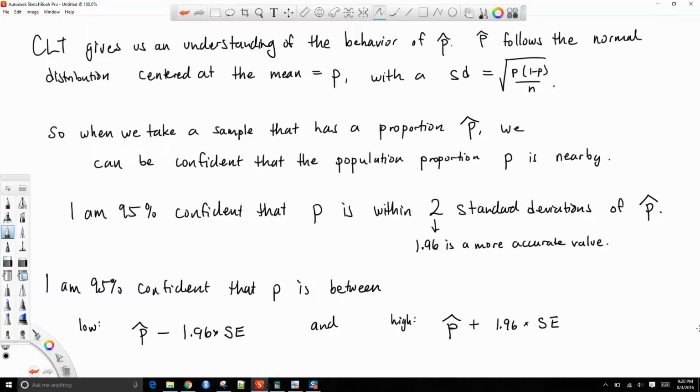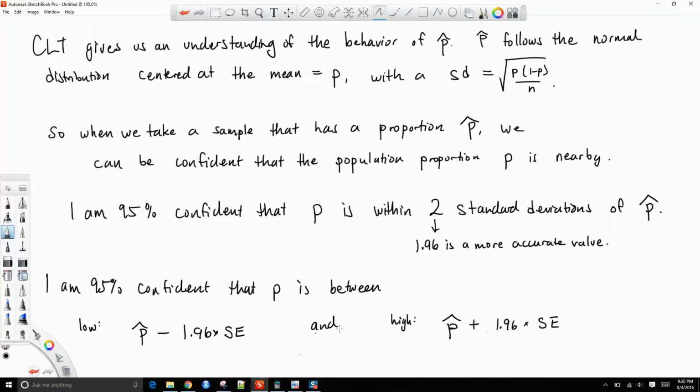Is that all right? And where's the owner? Yeah, so that's where P is, okay? So we're 95% confident that P is between P hat minus 1.96 standard errors and P hat plus 1.96 standard errors, okay?